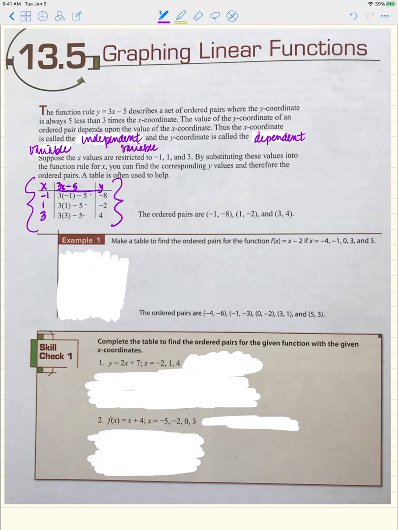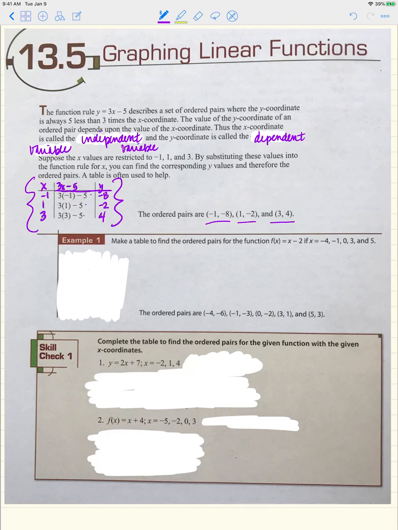And then here we have our y values. Those are our output. When x is -1, y is -8. When x is 1, y is -2. When x is 3, y is 4. Therefore, the ordered pairs are -1, -8, 1, -2, and 3, 4.